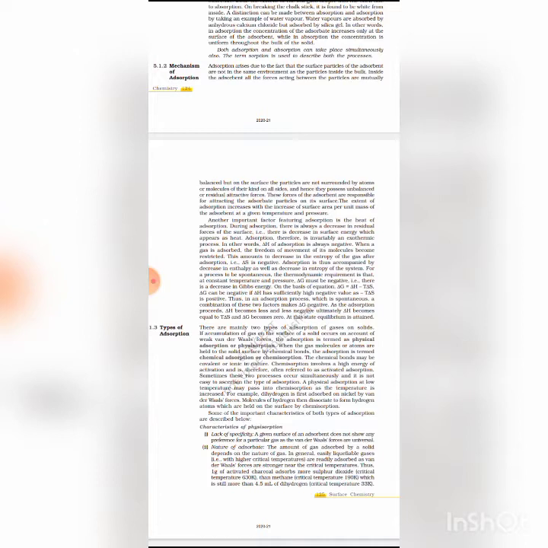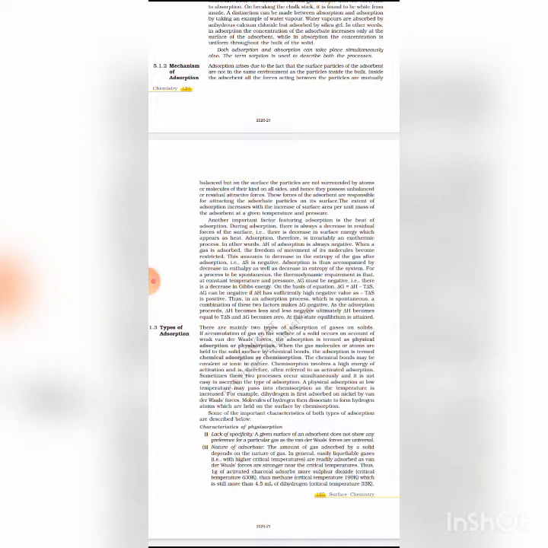If the force of attraction between the adsorbate and adsorbent are van der Waals forces, which are weak forces, then the adsorption is called physical adsorption or physisorption.